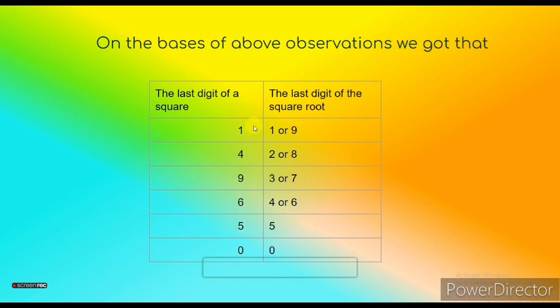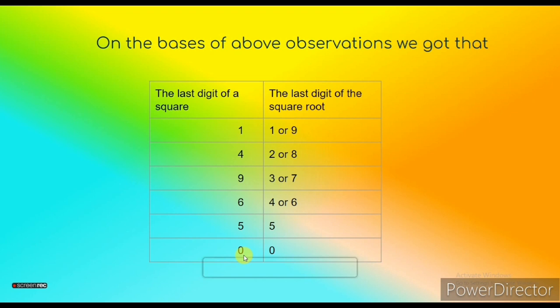Now, observe the left column. It reads the last digit of a square, and the numbers contained in this column are 1, 4, 9, 6, 5 and 0. We can easily observe that numbers 2, 3, 7 and 8 are missing in the column.